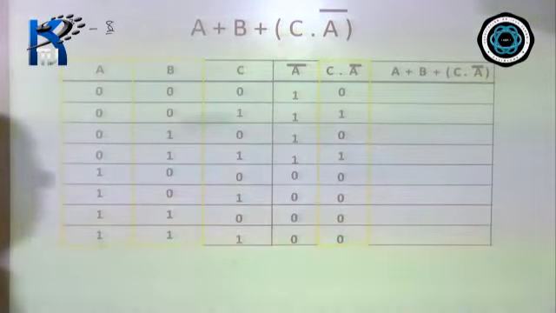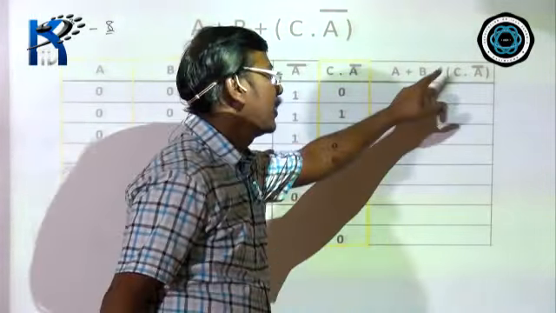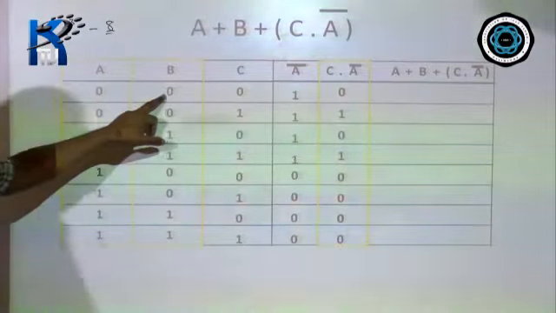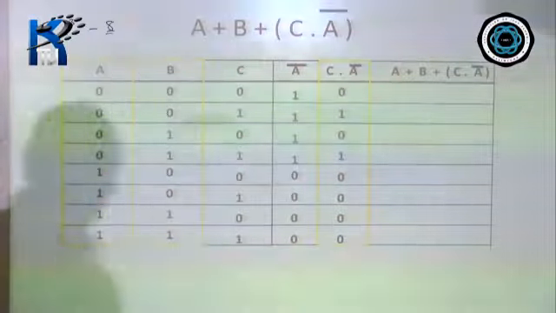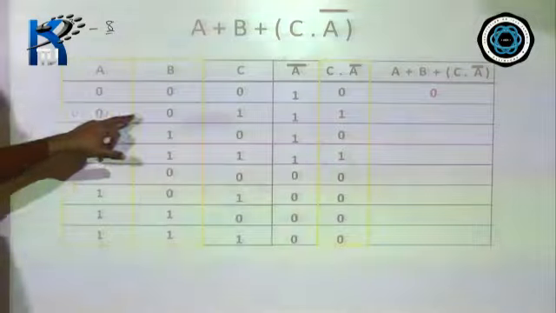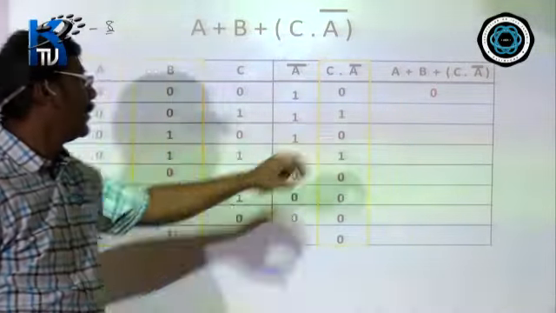Right? Now we are using the OR gate, plus, the OR gate. OR gate means if any of the inputs is 1 in a particular row, if any variable is 1, the output becomes 1. Only when all the inputs are 0, the output is 0. Right? So first row, 0, 0, 0. So output will be 0. Next row, 0, 0, we have got 1.